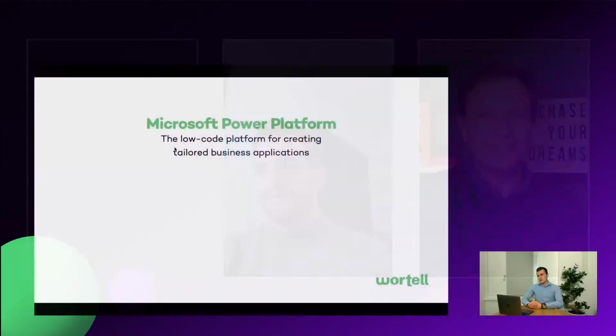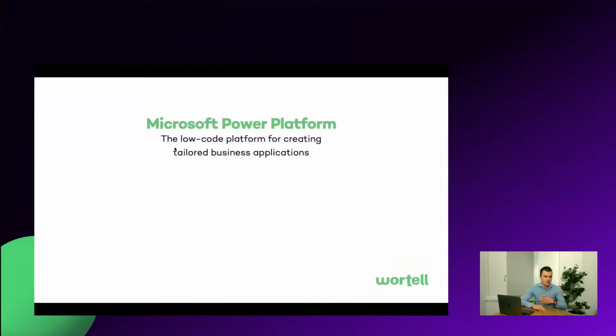Let's get started. So first things first, we are going to talk about what kind of solution Microsoft Power Apps actually is. And to explain that, I first have to explain which platform Microsoft Power Apps is part of, and that's the Microsoft Power Platform, which is a platform that can be used to create low-code custom business applications.